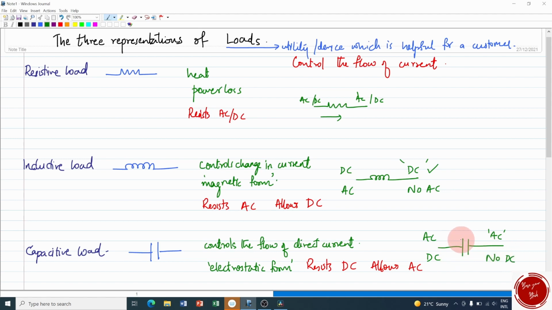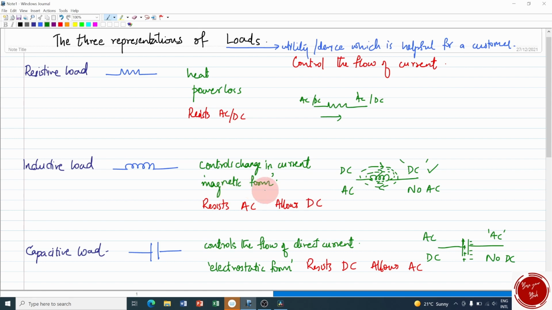All this DC component will be stored across the capacitor as positive charges in one plate and negative charges in the other plate, depending upon the polarity which hits the plate first. And in the case of the inductor, the AC component will be blocked and gets stored in the inductor in the form of magnetic flux lines. That is, the electric energy is converted to magnetic form.